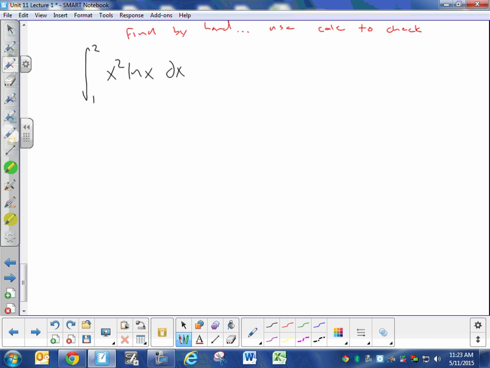Remember what comes first? Logs first. Then the x squared. So u should be log x. UV minus VDU.